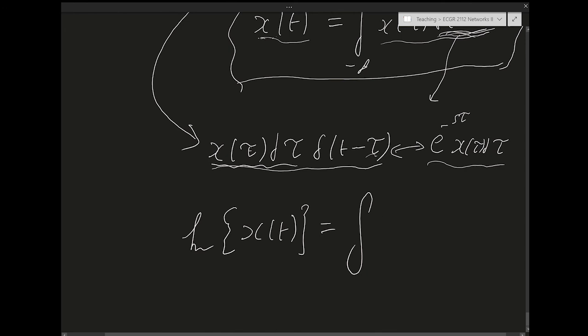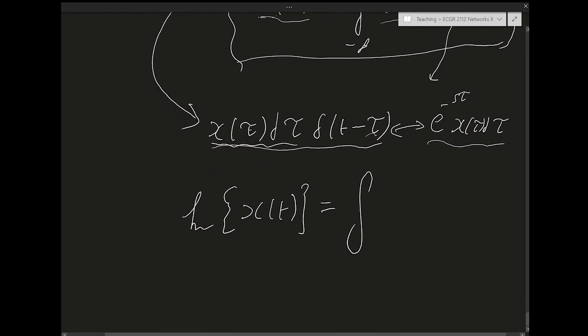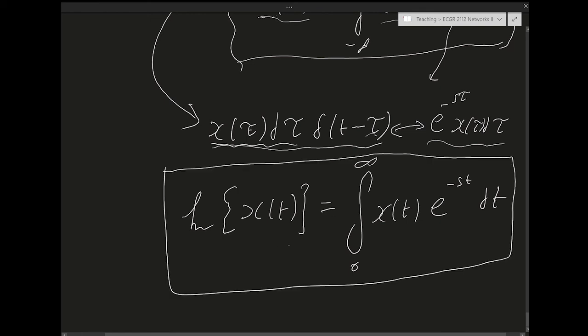And because x is 0 for t less than 0, we're going to start at 0, go to infinity of x of t e minus st dt. This is how we get the integral formula, right? So this is the formula that allows you to find the Laplace transform for any general signal.